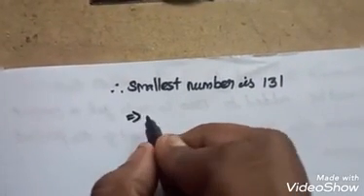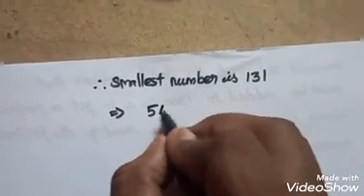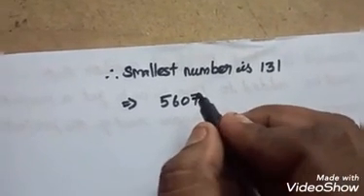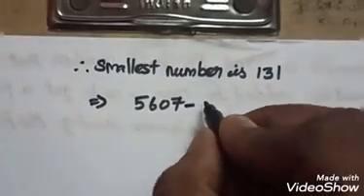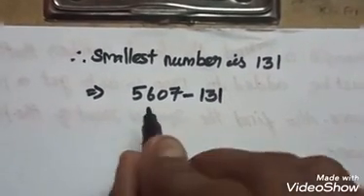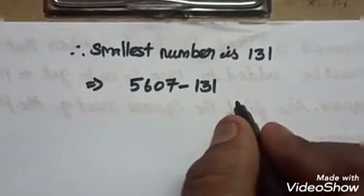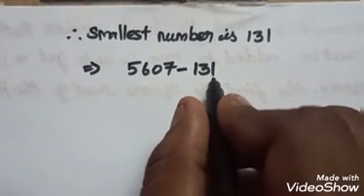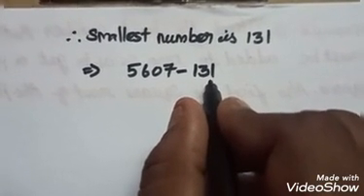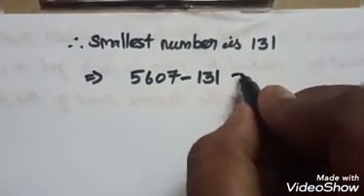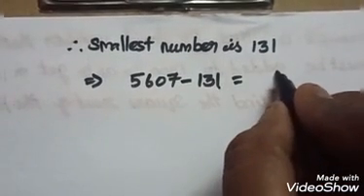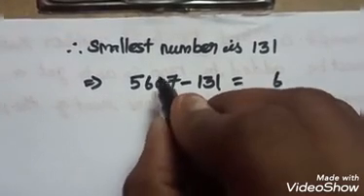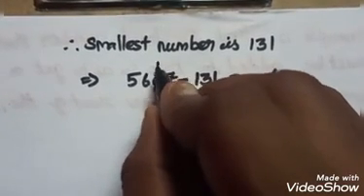So 5607 minus 131. Why do we subtract? I already told you the remainder is the smallest number, so if you subtract that remainder, you get the perfect square. So 7 minus 1, 6. Then 0 minus 3 is impossible, so you borrow from here, it becomes 10.